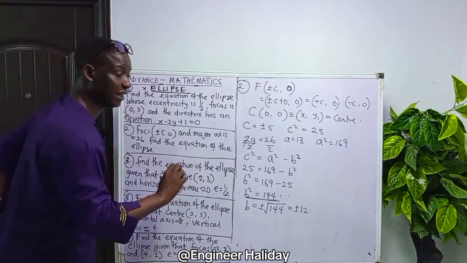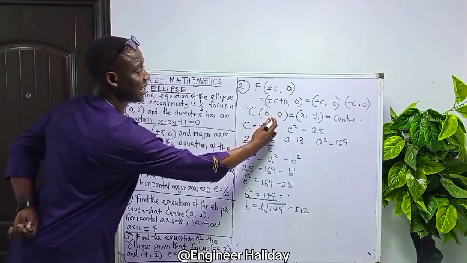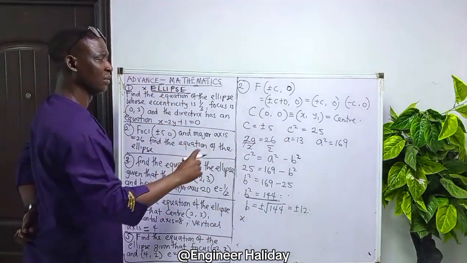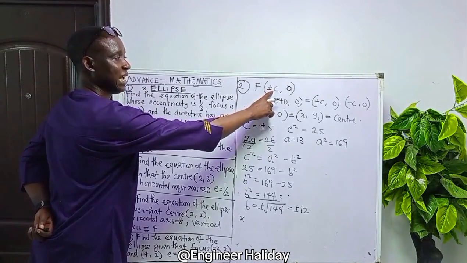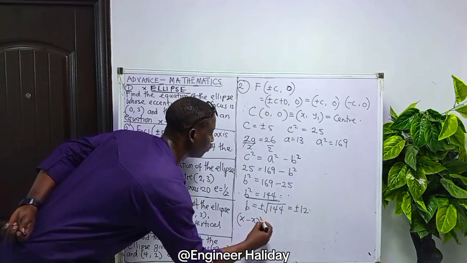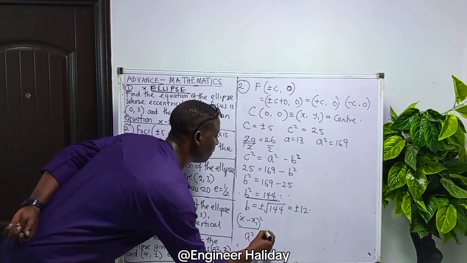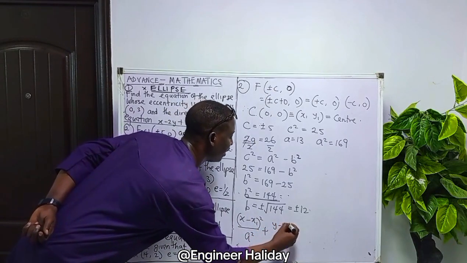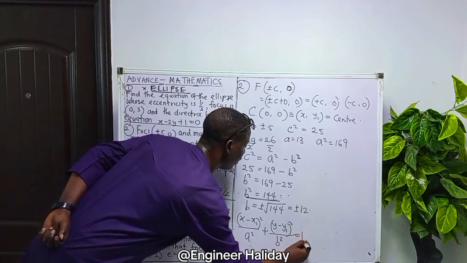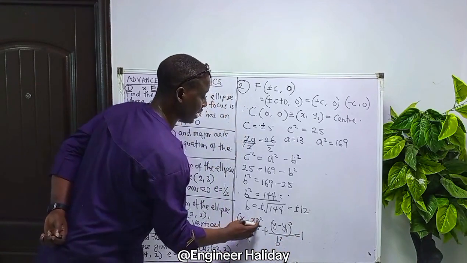So find the equation of the ellipse. Since the center is 0, 0, it is the normal equation. And where does it lie? It lies on the x-axis. So I'm going to write (x minus x1) all squared over a squared plus (y minus y1) all squared over b squared equals 1. So let me substitute all that. This is 0, this is 0.